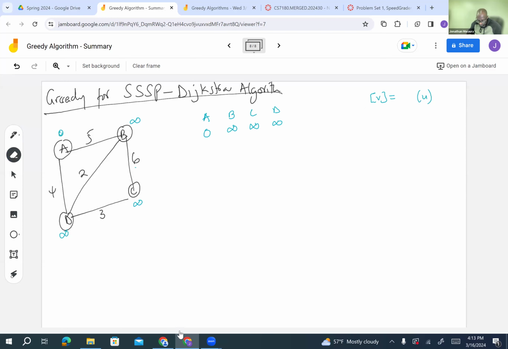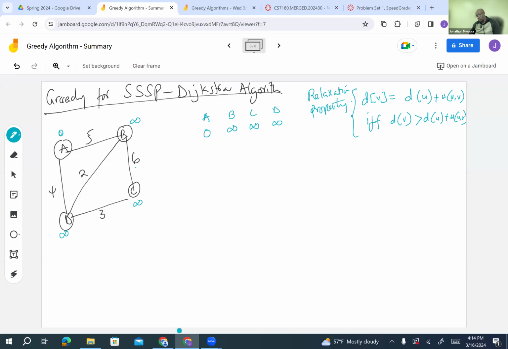I should call them D. So D of V is the D of the previous vertex U plus the weight between U and V. This is the case if and only if D of V is greater than D of U plus the weight from U to V. We say that this is called the relaxation property.